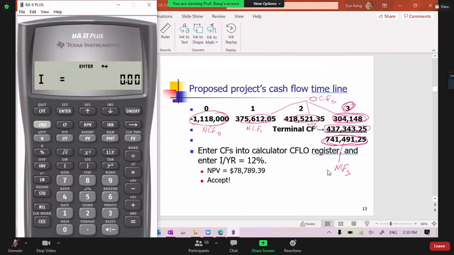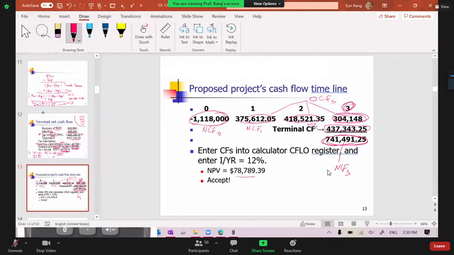Enter. Net present value, I is 12% given, right? 12 enter. Down arrow, compute. 78,789.39. Huge NPV, positive NPV, so accept.